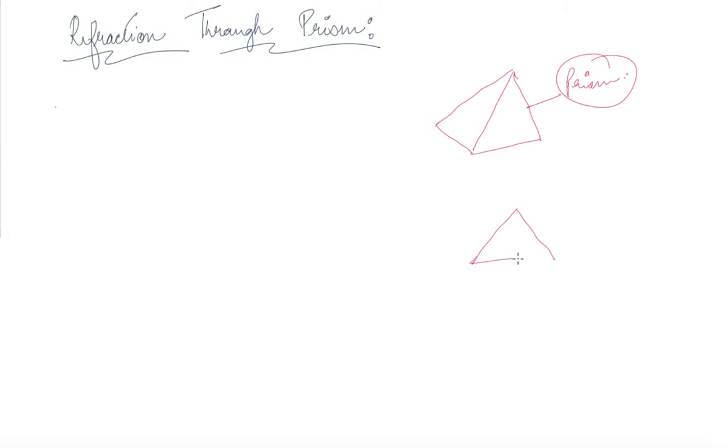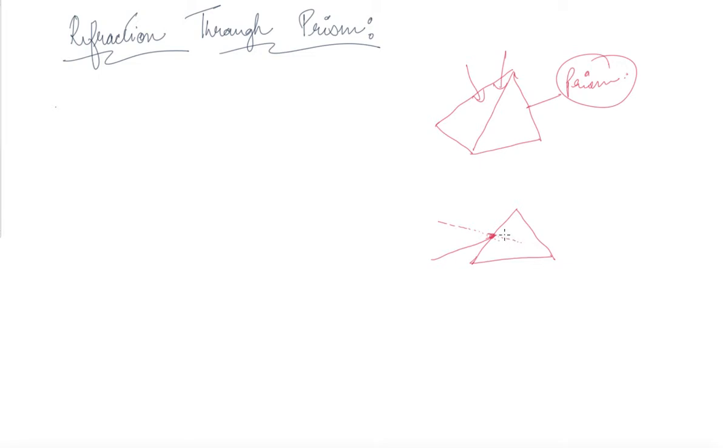So I urge the students not to get confused, because if you look at the 3D diagram of prism, it will be somewhere over here. So when they give you a diagram that a ray of light is coming and striking at this point, this is the point of incidence. Say suppose I draw a normal at this point.